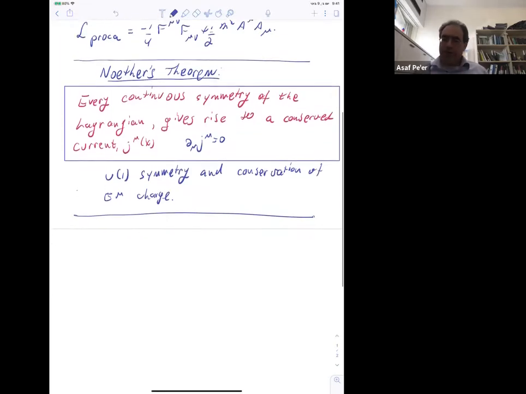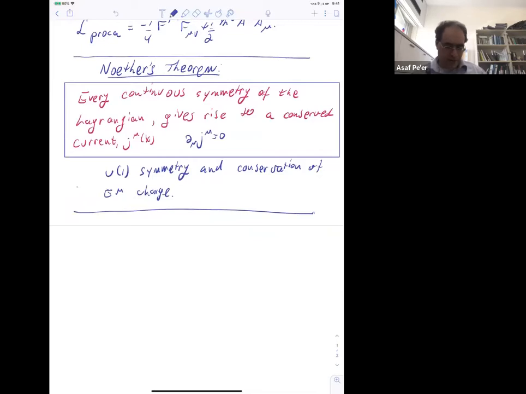We want to look at a very important example of the use of Noether's theorem in particle physics. For that, we look at the Dirac Lagrangian, L Dirac. Remember, this represents spin half fermions, so electrons, for example. Psi bar (i gamma mu d mu minus m) psi.